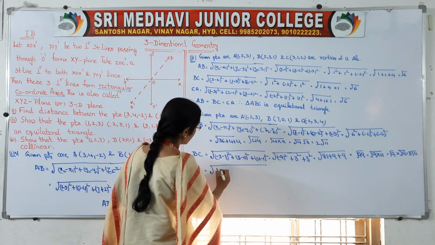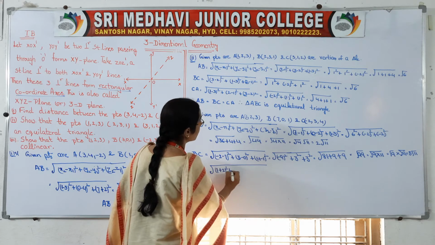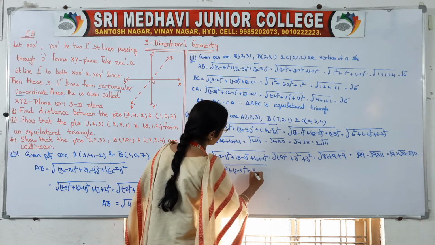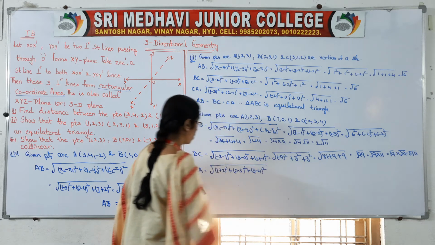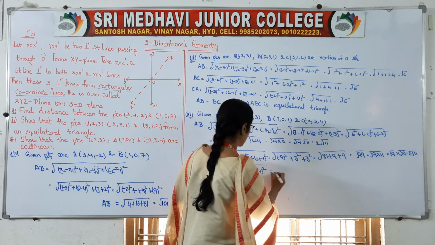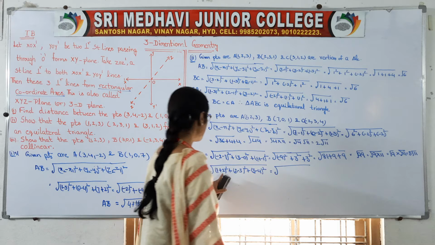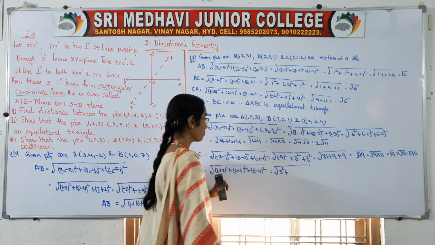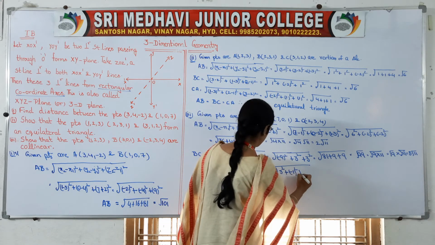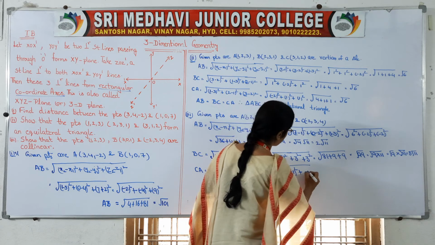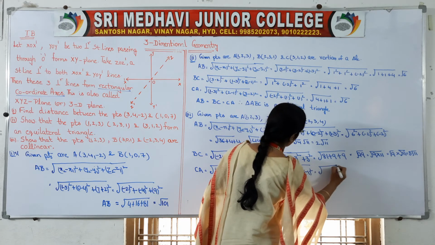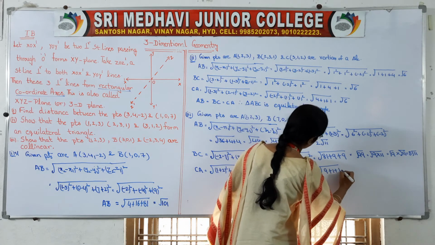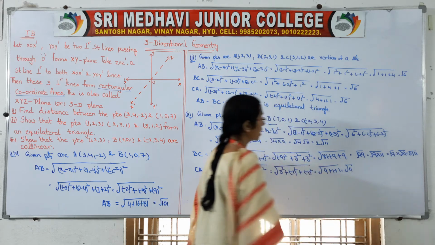So 1 minus of minus 2 whole square plus 2 minus 3 whole square plus 3 minus 4 whole square, is equal to root of 1 plus 2, that is 3, 3 square plus minus 1 square plus 3 minus 4, minus 1 square. So it is root of 9 plus 1 plus 1, which is root 11.